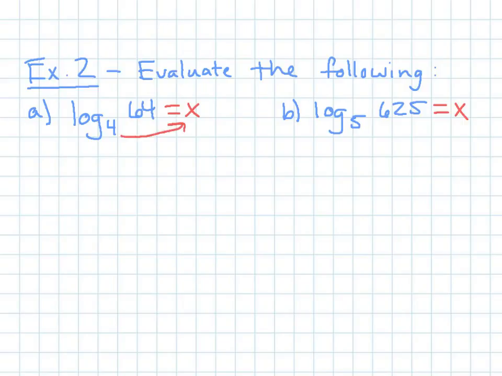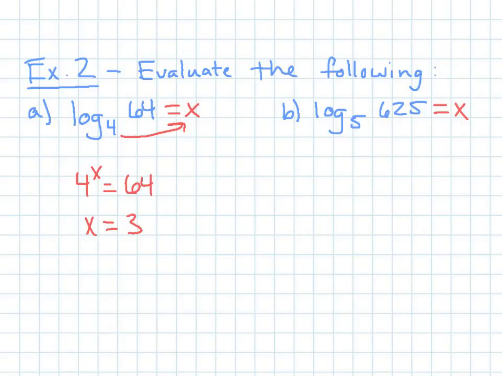So if I move 4 over, then 4 to the x is going to be equal to 64. Now it makes a little bit more sense. Okay, so 4 to what power gives me 64? Well, if I have 3 as my exponent, 4 to the 3rd equals 64. So that would be my answer.